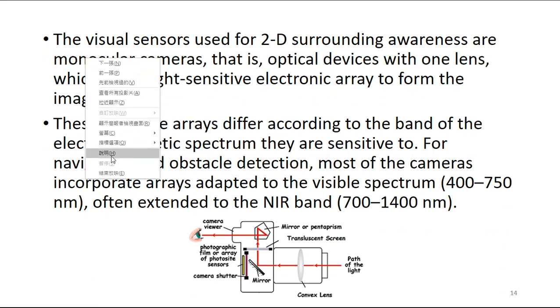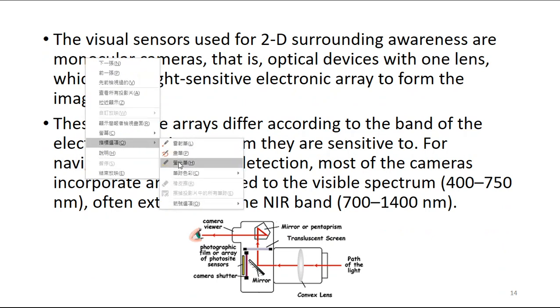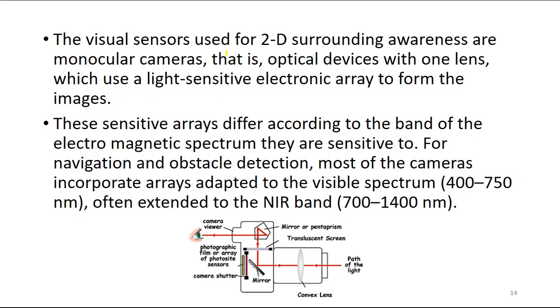So in this slide, the visual sensor used for 2D surrounding awareness is the monochrome camera. Let's say they are one color, the spatial reference one. That is the optical device with one lens, with a light-sensitive electronic array to form the image. This sensitive array differs according to the band of the electromagnetic spectrum they are sensitive to.